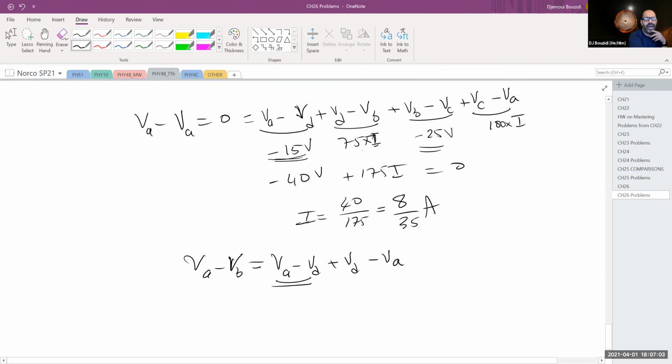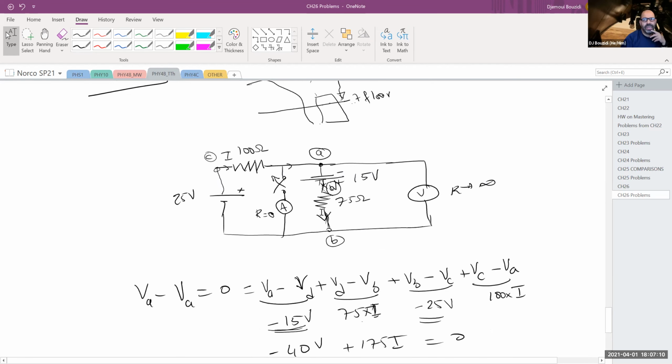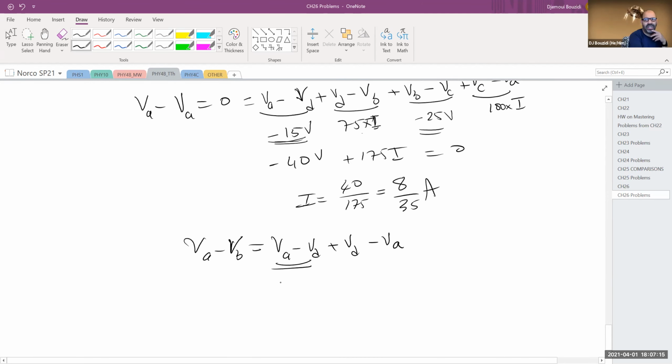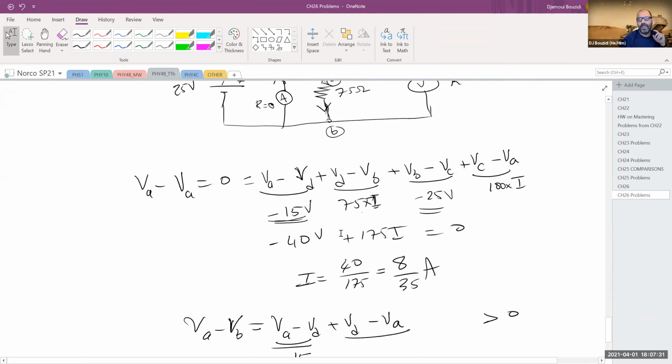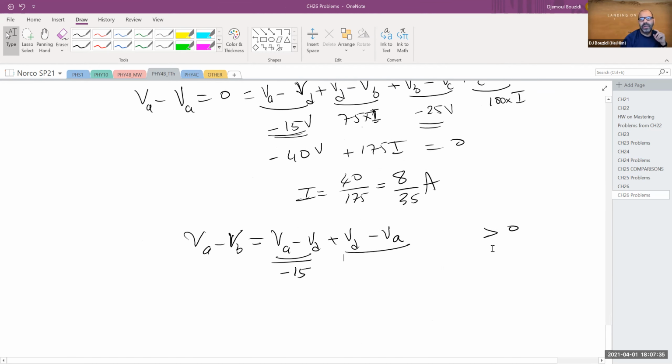This one, again, is a rise by 15 volts because I'm coming from the negative end and going up this way. So this is actually a negative 15 volts because I'm finding the drop. If the whole number is positive, then A is higher than B. If the whole number is negative, that means that B is higher than A. Plus, now the drop from D to A, that's 75 times that current.